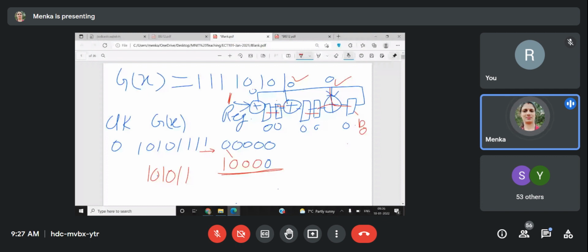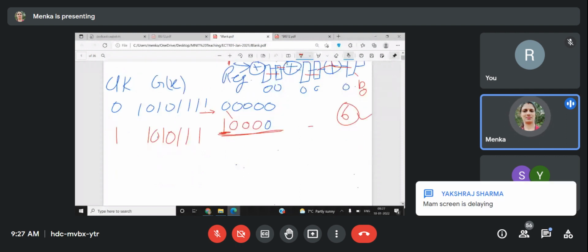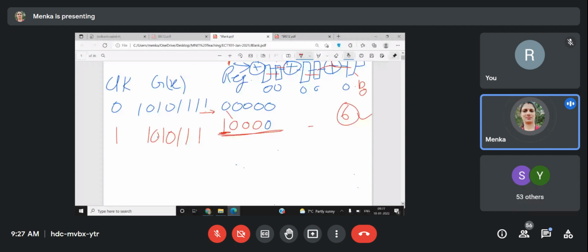I will keep on highlighting this bit because this is the bit we need to track for the output. Okay, now next we have to calculate again. So look at this, this is 0 and the content of this is 0. So the new content of this is also going to be 0. This is pushed to this, so this is also 0.